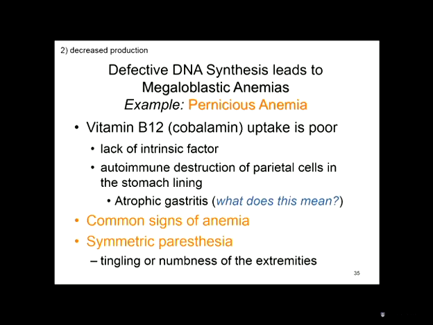Okay? So what do we know about it? It's vitamin B12, also known as cobalamin, not being absorbed for these reasons, and I told you about the reasons. And these patients will typically have a form of gastritis called atrophic gastritis. And what does that mean?